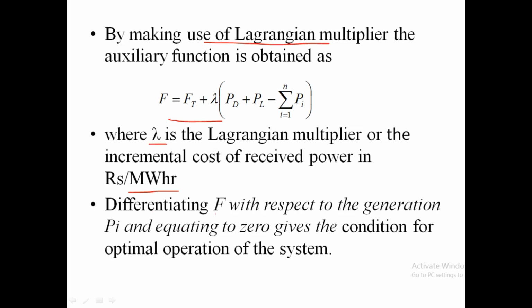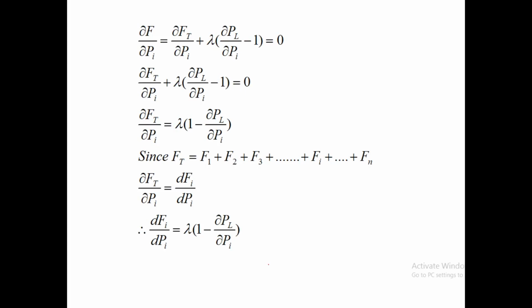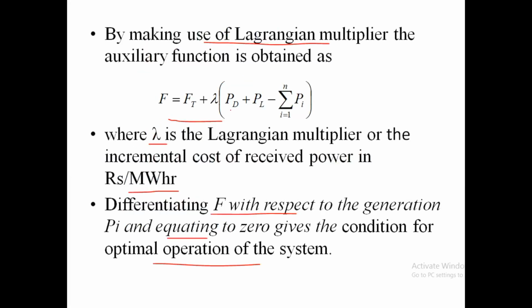Now differentiating f with respect to the generation pi and equating to 0 gives the condition for the optimal operation of the system. So dou f by dou pi: first is dou ft by dou pi, the same, plus lambda into the second term. Differentiating Pd with respect to pi gives 0. Now PL is not a constant; it depends on pi.